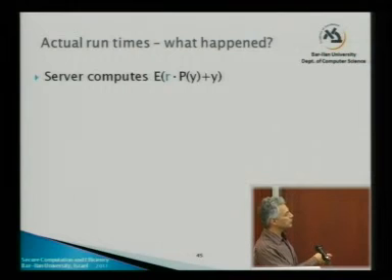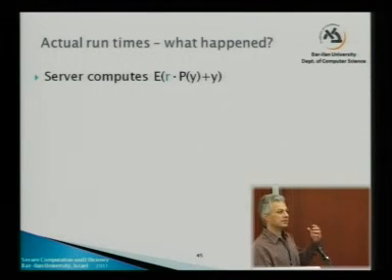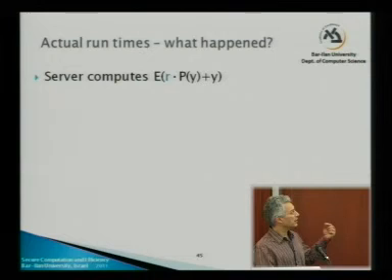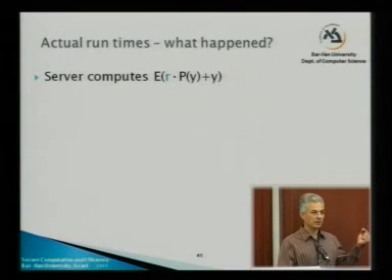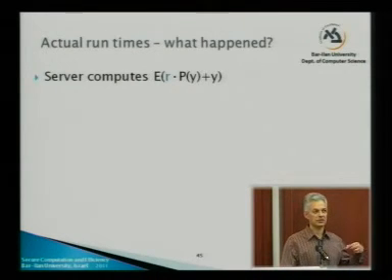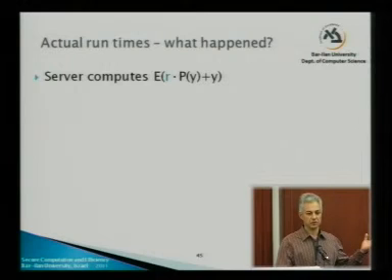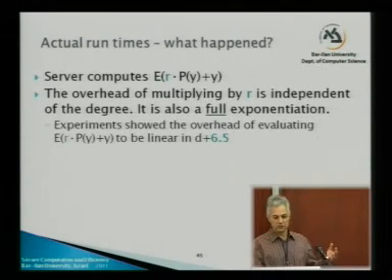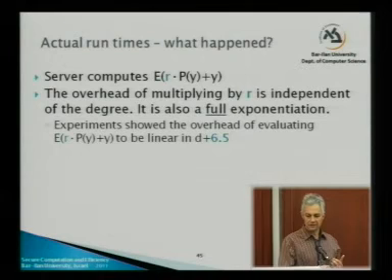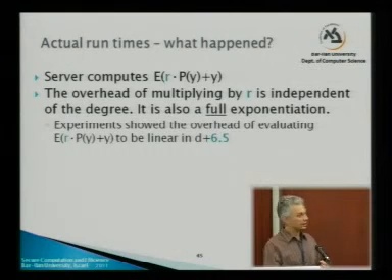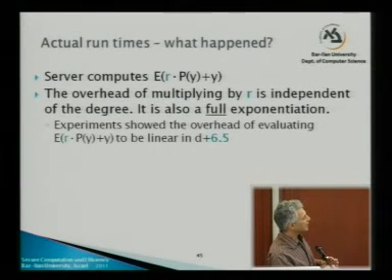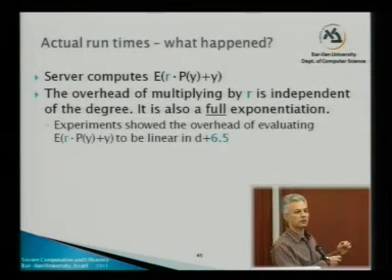If the polynomial is of degree d, we do d short exponentiations, but regardless of what the degree d is, we do this multiplication by r, which is a large exponent. Put together, the overhead of this multiplication is something like 6.5 short exponentiations.